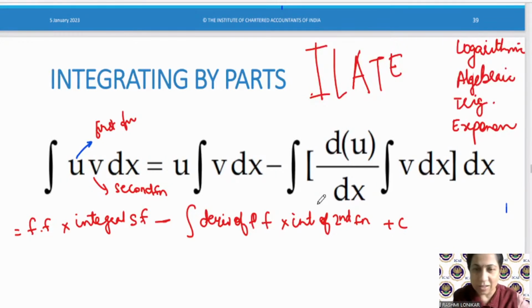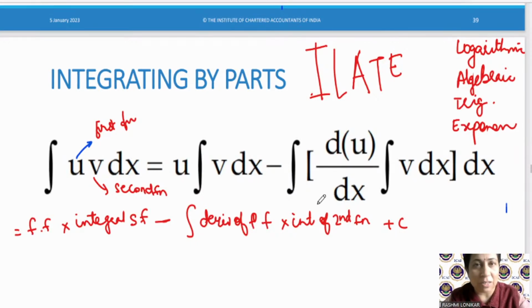So we are talking about integration by parts. Whenever we have integration of two functions, if there is an addition or a subtraction, we perform the integration of the individual functions and then we add or subtract them.